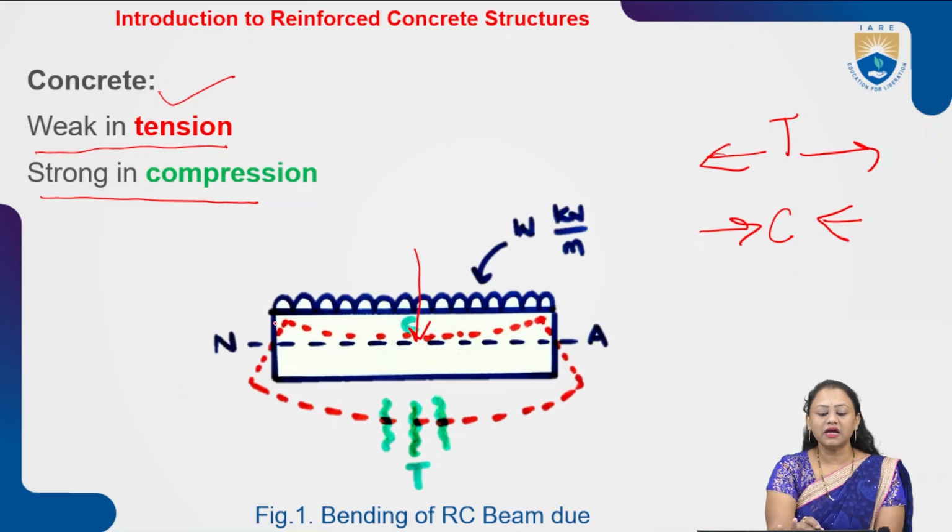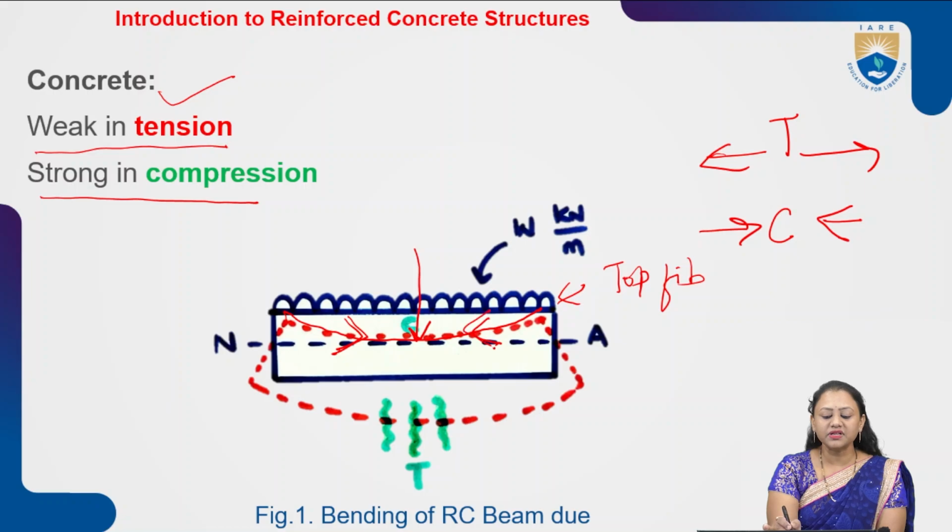When it starts bending, you can see the top fiber bends in this fashion, and due to this there is going to be compression on the top fiber. So the top fiber is under compressive loads, and the bottom fiber, you can see, is stretching outwards. That means there is going to be tension.